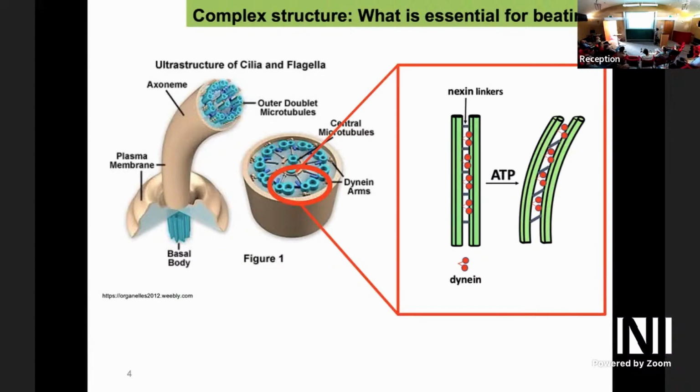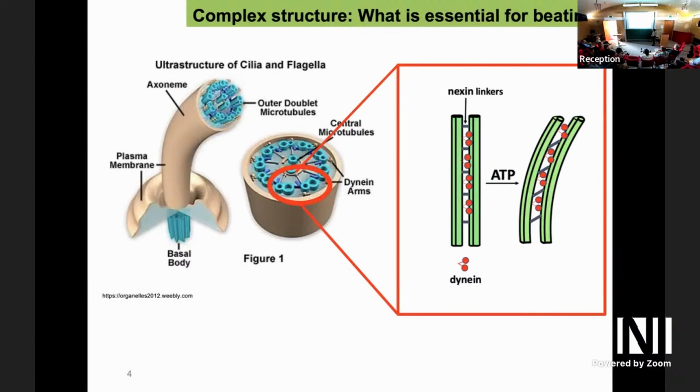If we consider the basic unit of this structure, which is called the axoneme, then we see doublets of microtubules, and then the motors, in this case the dynein. Through their cycle of binding, working, and detaching, they give this beating movement that I showed you in the movies before.